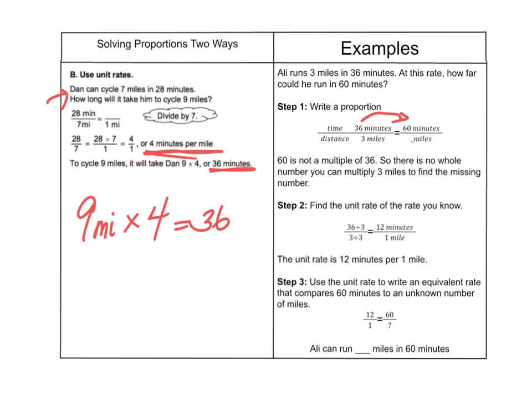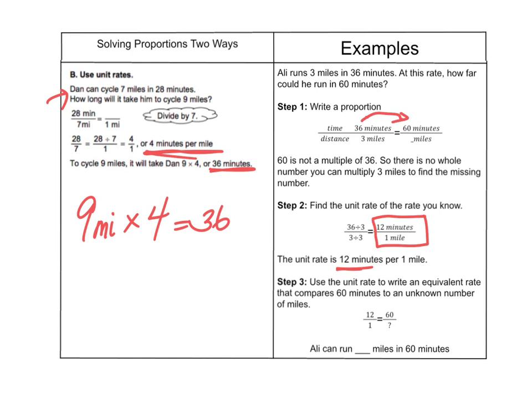So we're going to first figure out the unit rate. If she is running for 36 minutes and goes 3 miles, we can use a unit rate of 12 minutes per 1 mile. So her unit rate is she runs 1 mile in 12 minutes.